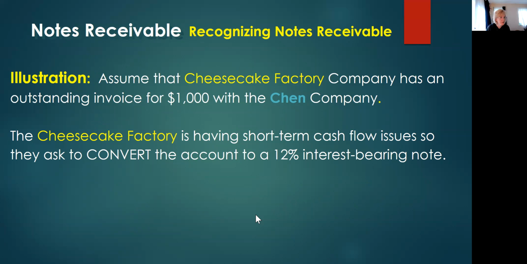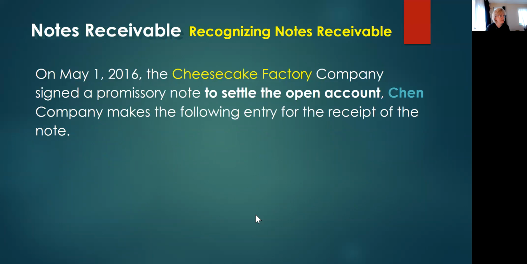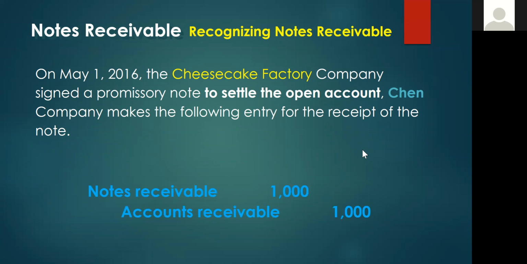So Chen Company says, we're converting an accounts receivable into a notes receivable. What is that going to look like? Yeah, so we basically did the same thing we did with a factor.